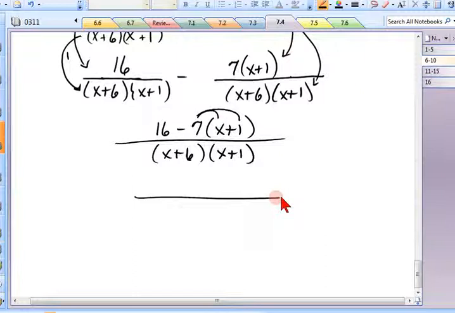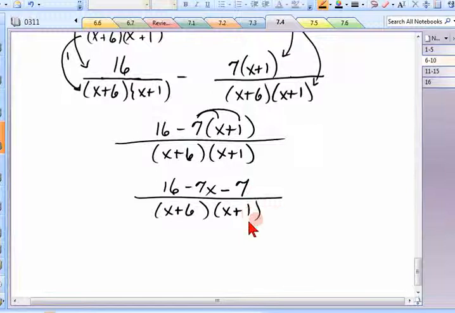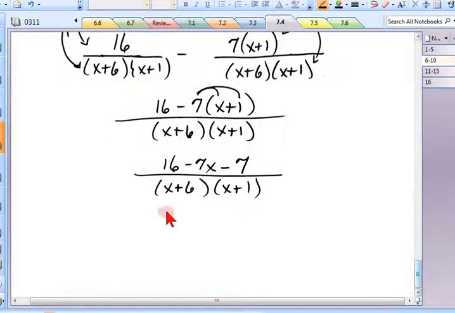So we have 16, negative 7 times x, negative 7x, negative 7 times 1, negative 7. That is where I'm going to find sign mistakes unless you're very careful. So I have x plus 6 times x plus 1 on the bottom. All right, I'm going to write the negative 7x as the first term.